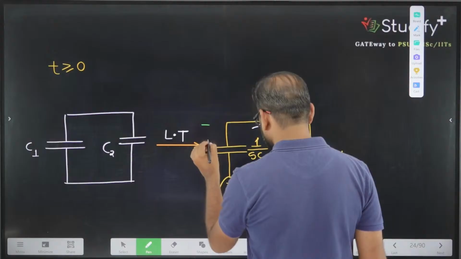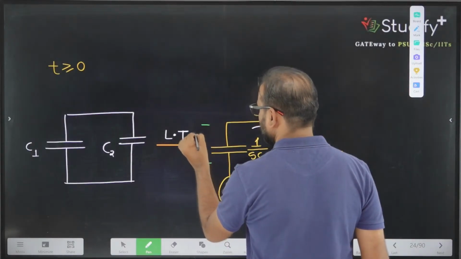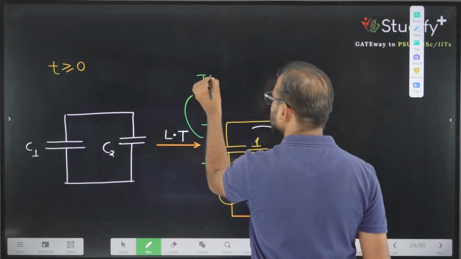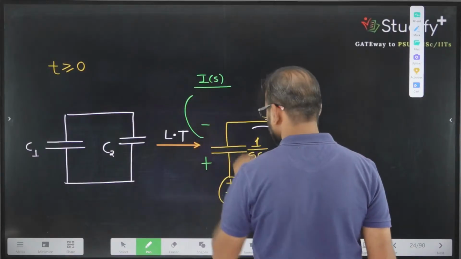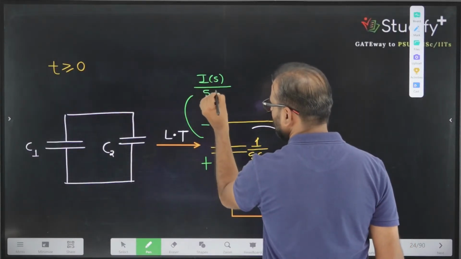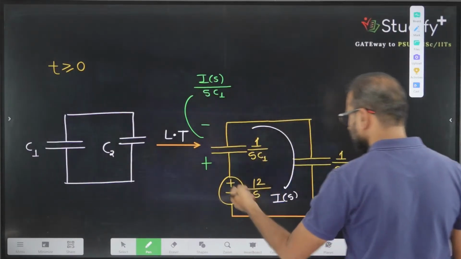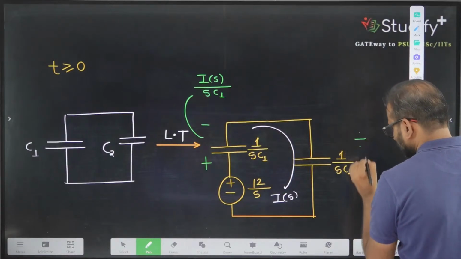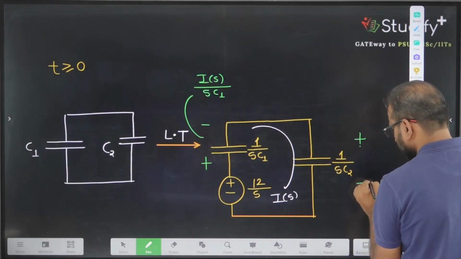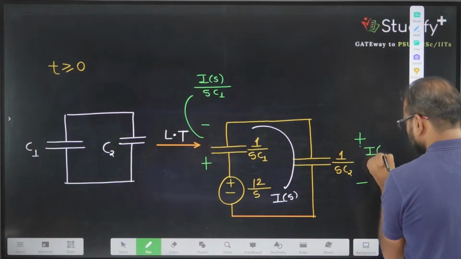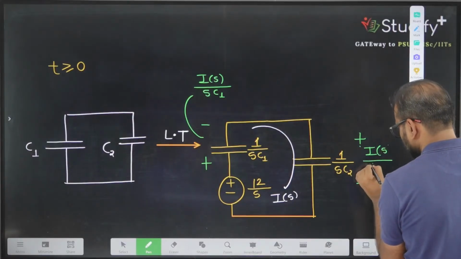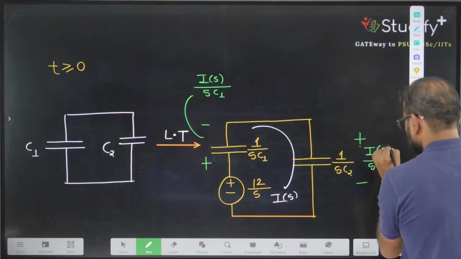This value is, I can write this potential here, I of S divided by S into C1. And this current will enter here, so this polarity will be I of S divided by S into C2.